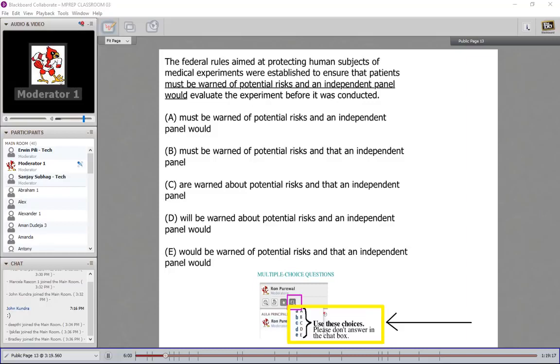There's a couple of you who haven't. Again, remember how the test works. This is a test where you have to answer all the things all the time. So I'll wait another 10 seconds or so for you to answer it.